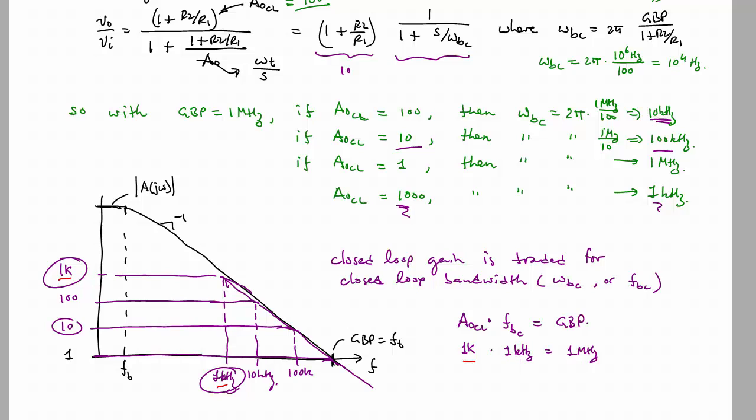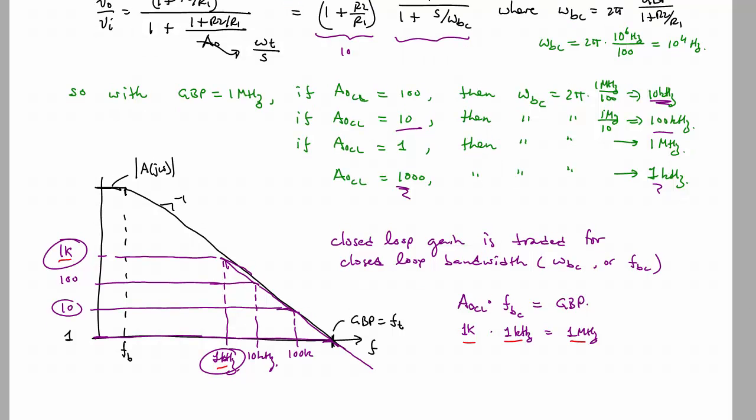And now you can see, at least graphically, how the frequency response of the open loop gain of the op-amp affects the closed loop gain of the op-amp. If we had no roll-off in the open loop gain of the op-amp, each one of these would just continue extending.